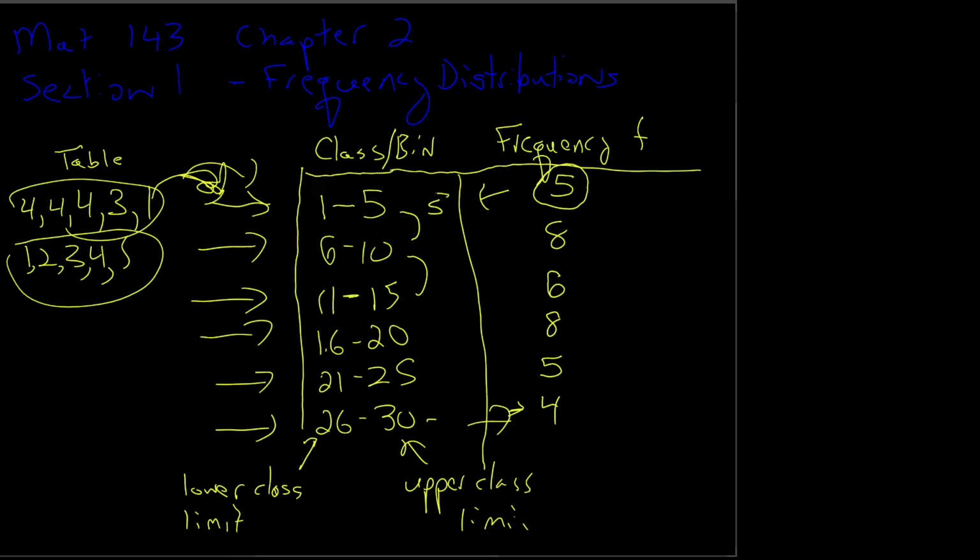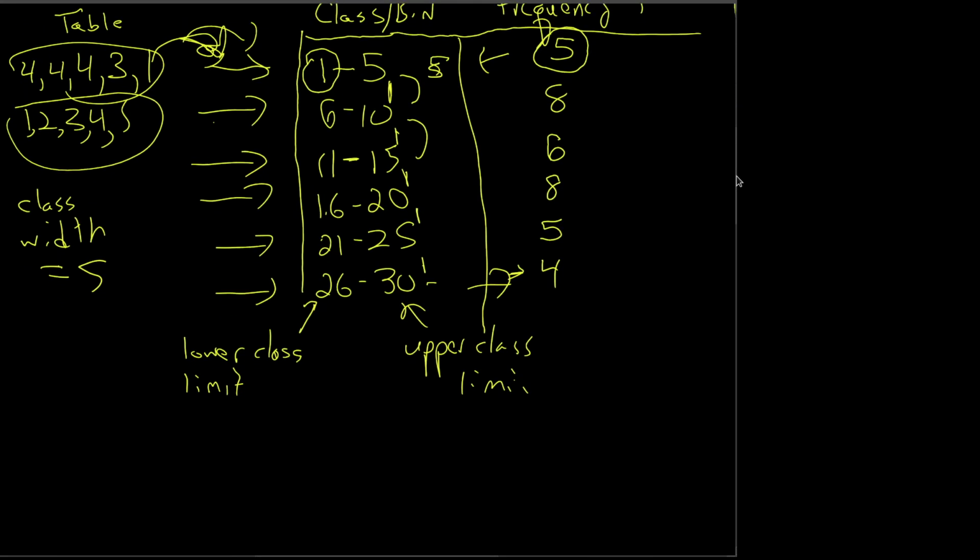And the difference between adjacent class limits is the width. And so this has a class width of 5. And from the largest possible value to the smallest possible value, not in the bins, but in the actual data.